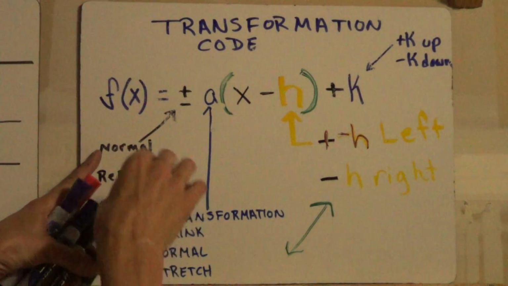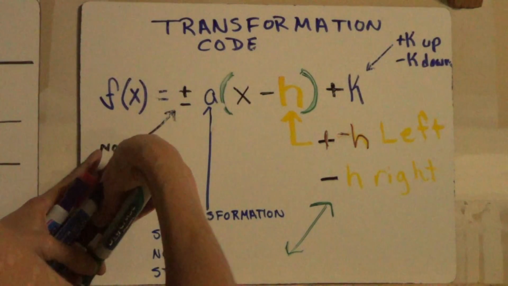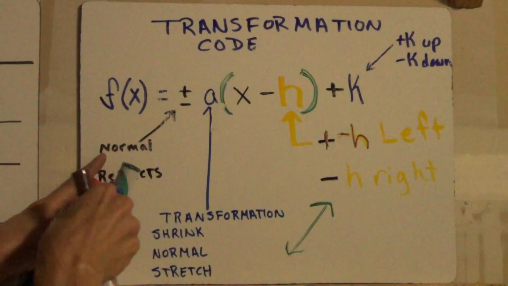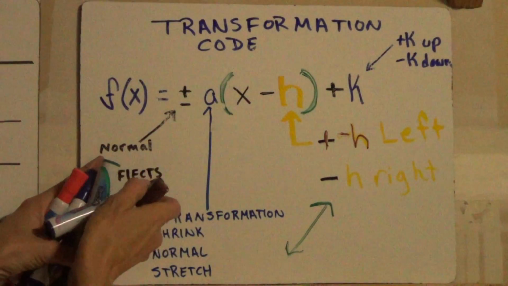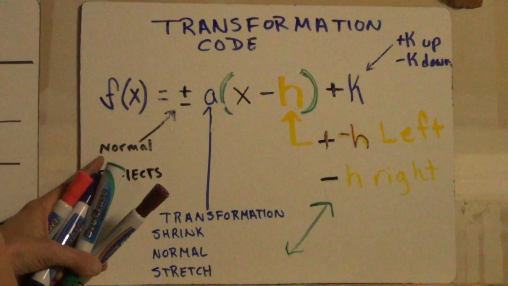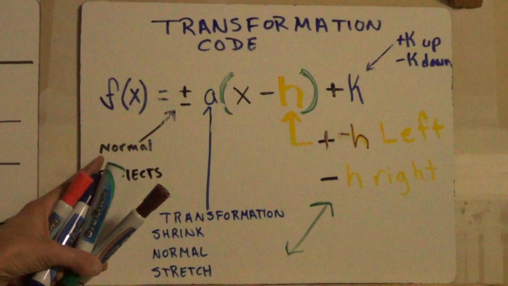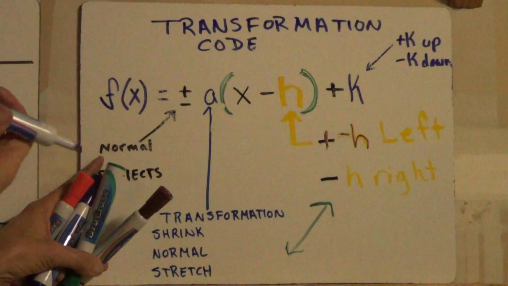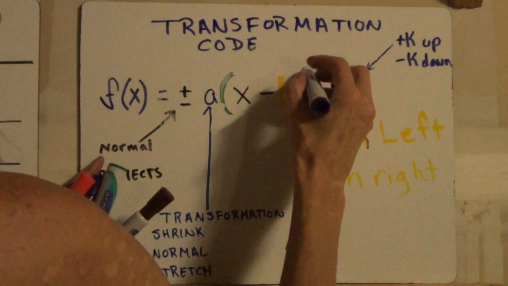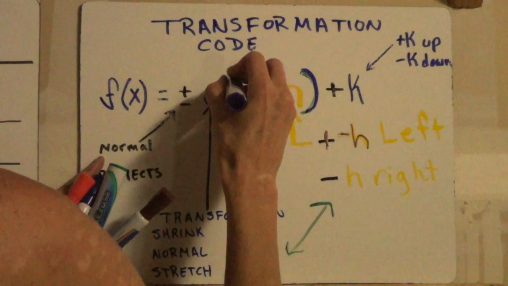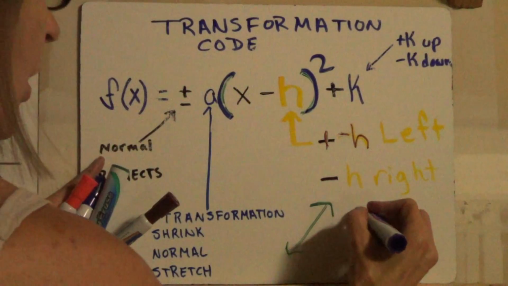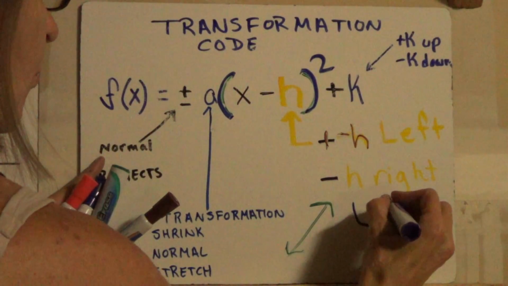Now, if we change this slightly, and I'm trying to be color-coded, it's way too cool. If we changed it slightly, and we had the parentheses here, but we raised it to a 2, then you would know, oh, I'm going with the graph right here.